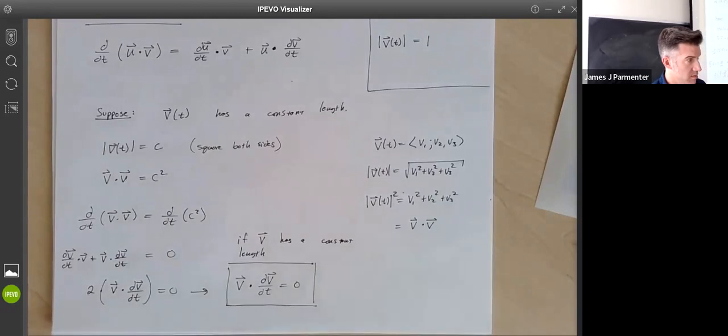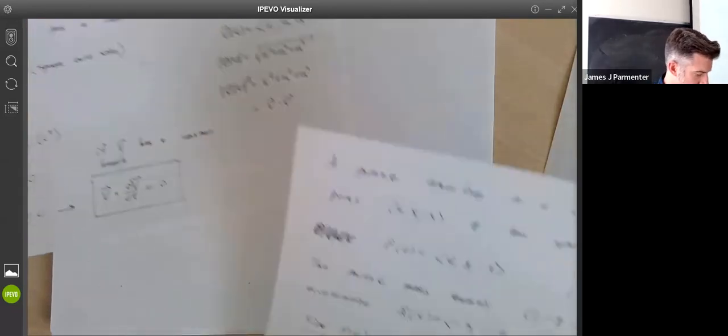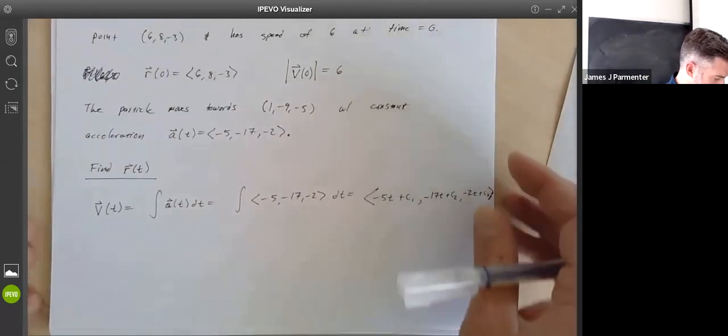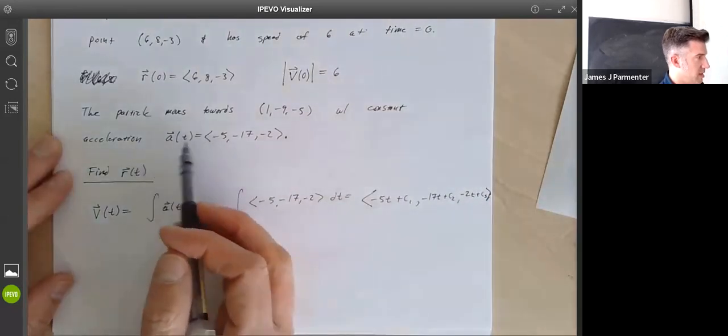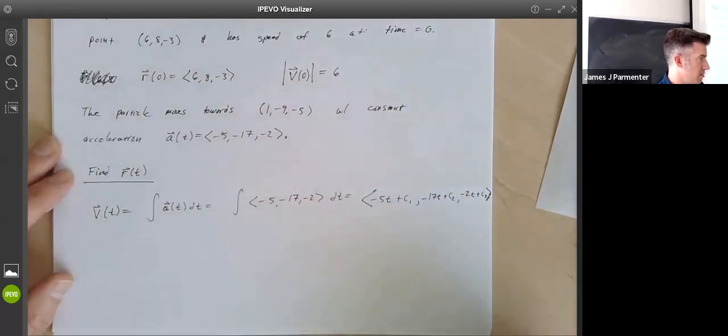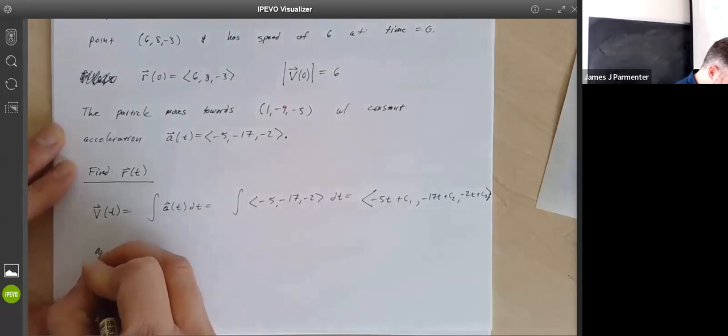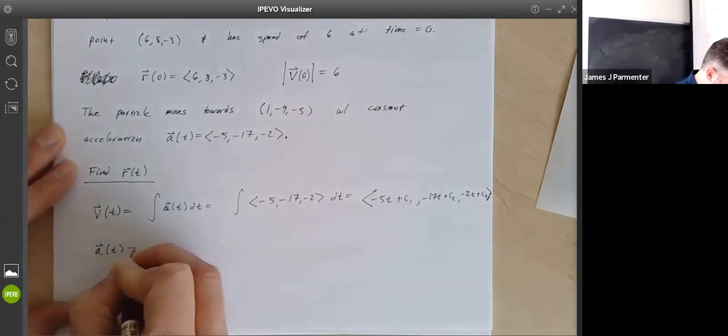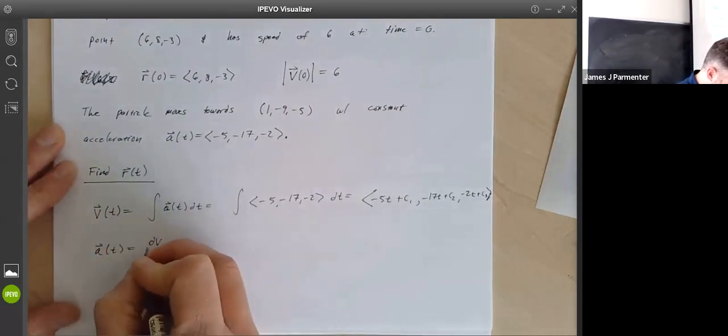So, questions before we move on? Okay, so back to this. Here the acceleration has a constant length. Acceleration is the derivative of velocity.